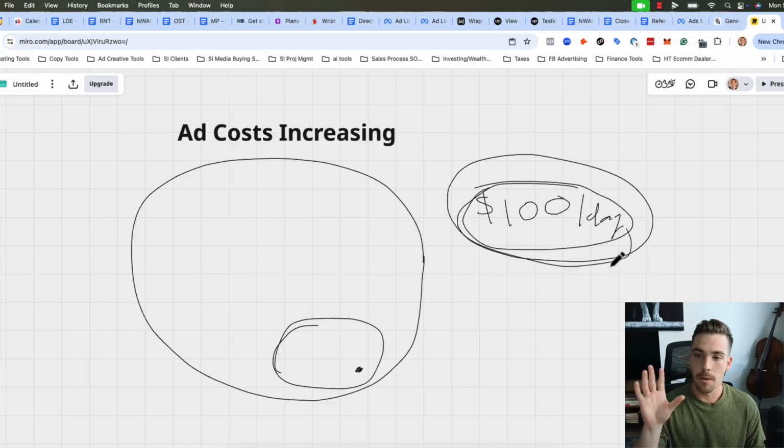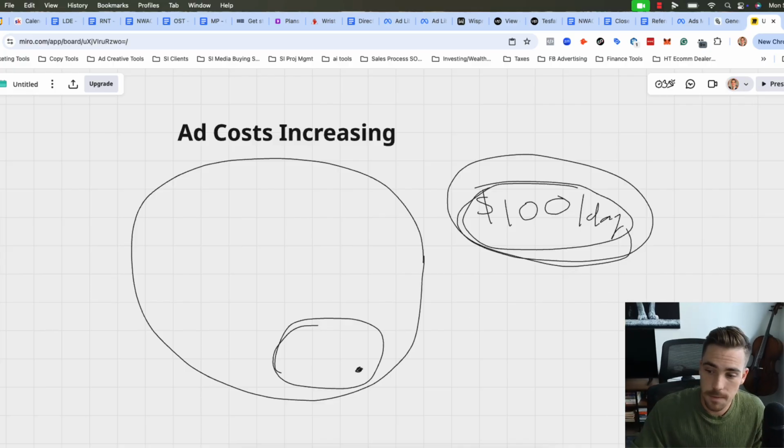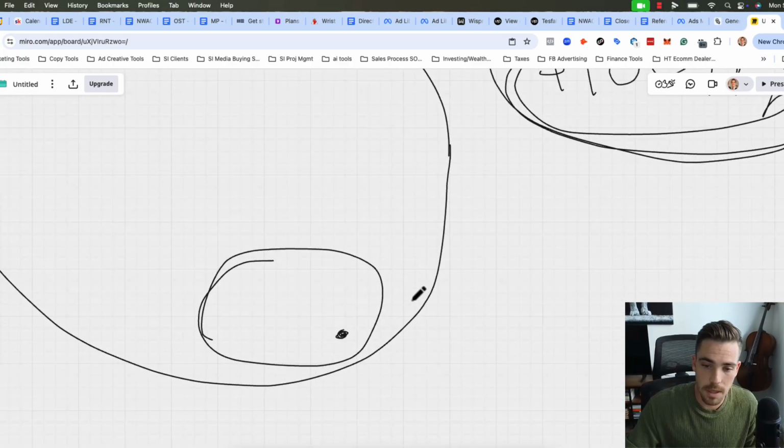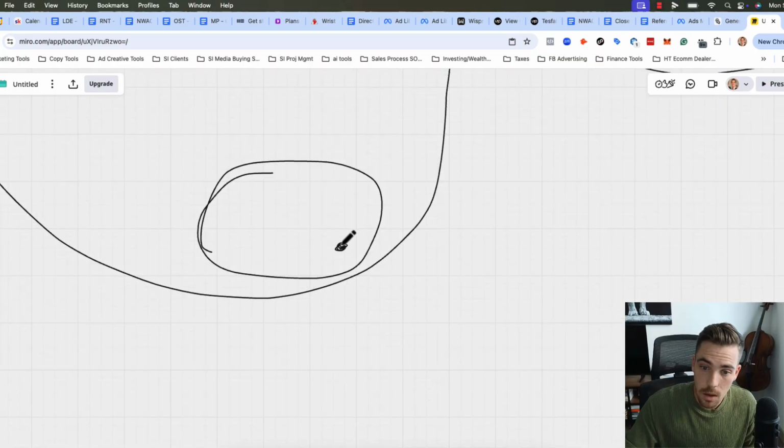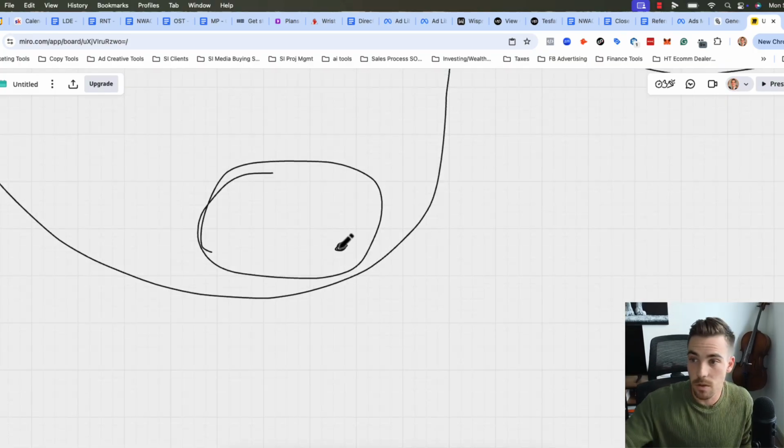Okay. Now, the reason why people experience diminishing returns or increased costs after the ads have been spending for a few weeks, or especially when they start increasing their spend, is because, quite simply, and if you look at this right here, the campaign, if you start spending $200 a day or $300 a day or $500 a day, Facebook can't just show it to this little tiny sliver anymore.